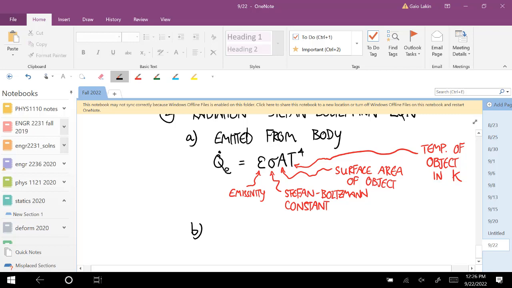But you can also calculate the net radiation from a body if it's surrounded by a larger body. And so this net radiation is useful because then you're actually measuring how much energy is going in, how much is going out, and you can use that in equations. So this is the net radiation emitted from a body surrounded by a larger body.